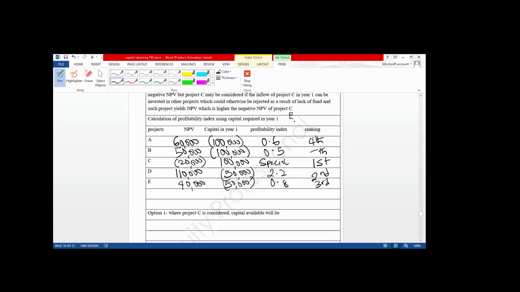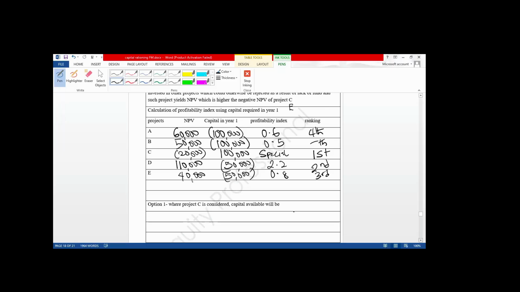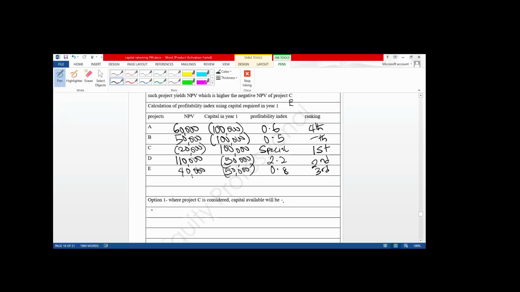Okay, let's do it here. If project C is considered, finance available externally, external finance, 150.